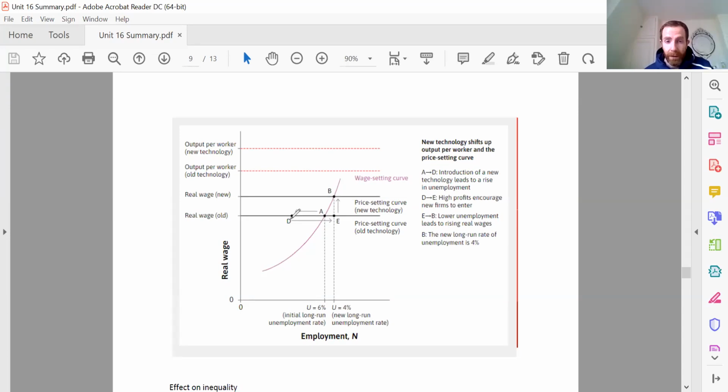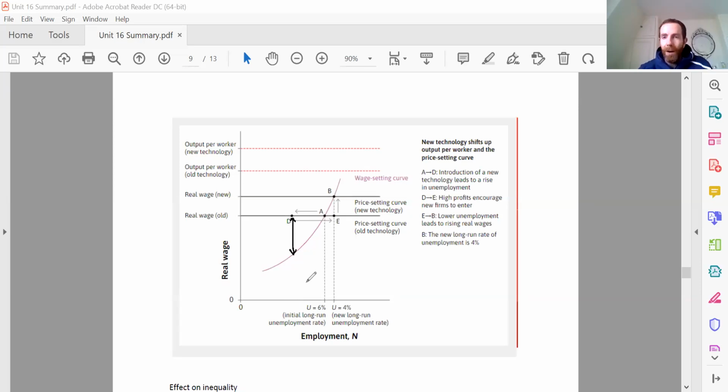The alternative is that at this new higher level of unemployment, there's actually a big gap between the wages that firms are currently paying and the wages that workers will actually accept at this higher level of unemployment. So if no new firms entered and increased the demand for workers, existing firms could have lowered the real wages and kept this higher level of unemployment.